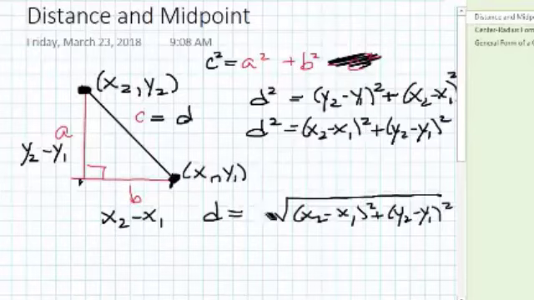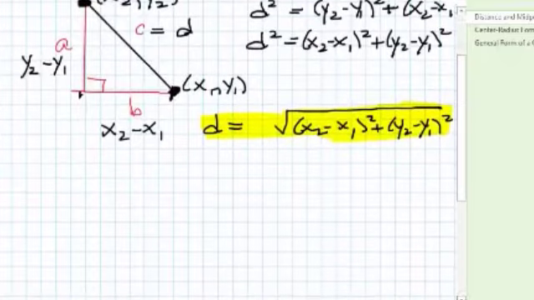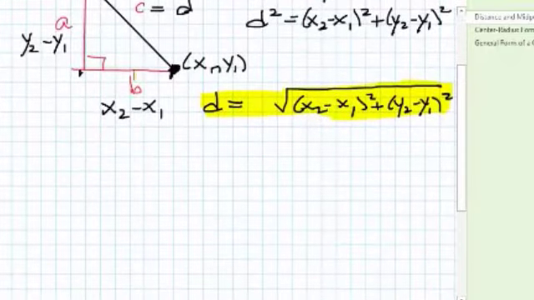I don't really need to remember the plus or minus in this case. So what we have here is called the distance formula. It's the distance between 2 points, x1, y1, and x2, y2. I'm not going to expect you to develop the formula like we just did, but I do need you to be able to remember the formula and apply it.